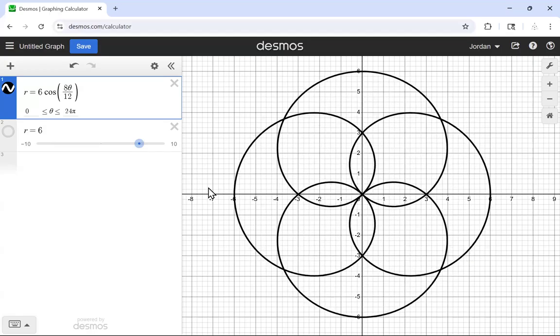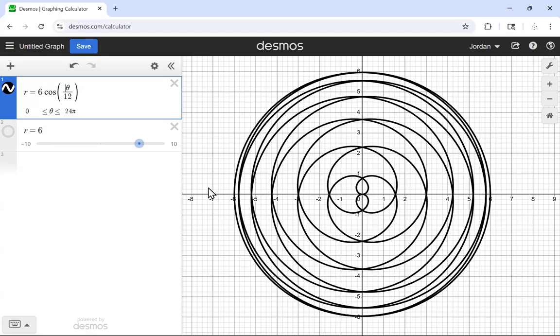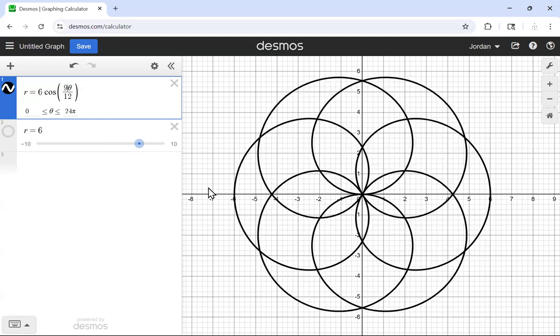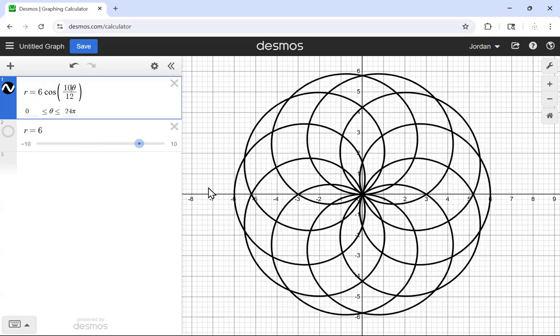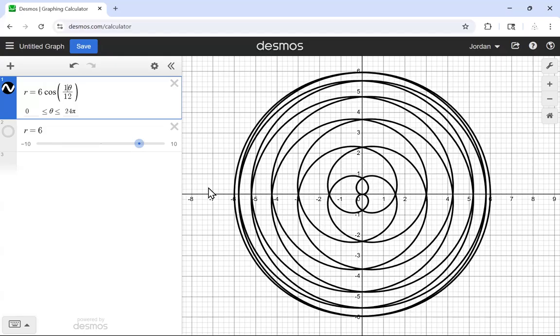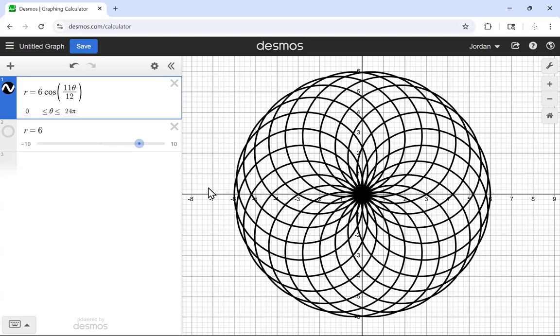8 theta over 12 looks like this. 9 theta over 12, we get this shape. 10 theta over 12, we get this type of shape. And 11 theta over 12 gives you this shape. Again, really interesting looking structure.